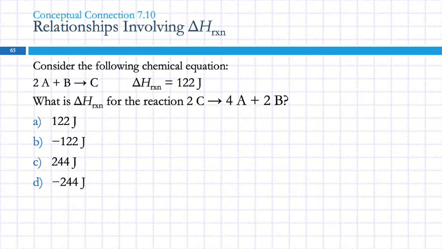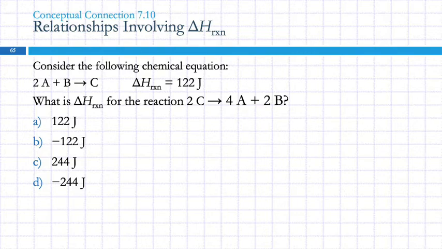So let's look at this one. Here we have 2A plus B makes C, and the heat of reaction for this is 122 joules. They're asking us, what if I had 2C going to 4A plus 2B? All the coefficients have been multiplied by 2, right?